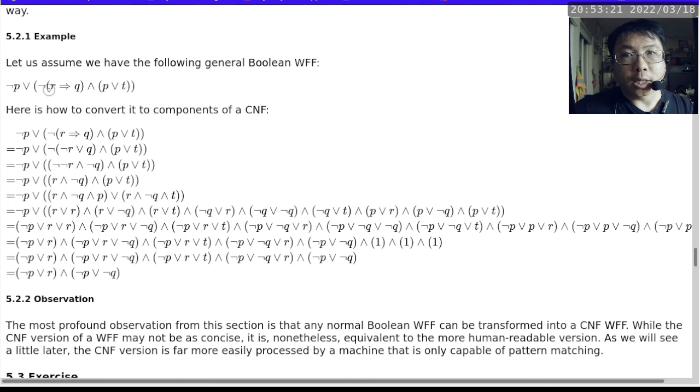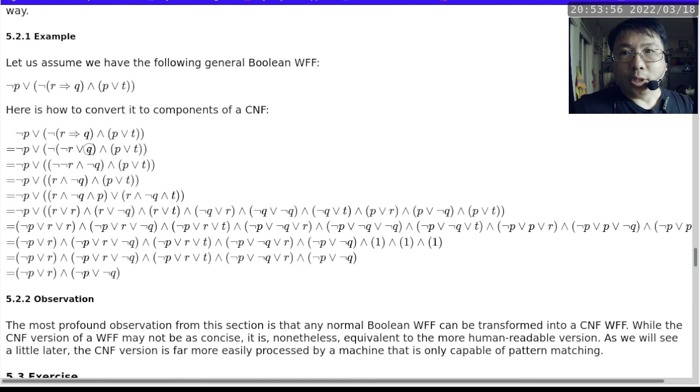So since we can't really do much about this OR, let's focus on one of the nested expressions, which in this case is the negation of R implies Q and P or T. I personally like to get rid of implications first, because implications can be converted into the negation of the left hand side or the right hand side. So in this case, R implies Q becomes not R or Q, and that's how I converted from the first row to the second row.